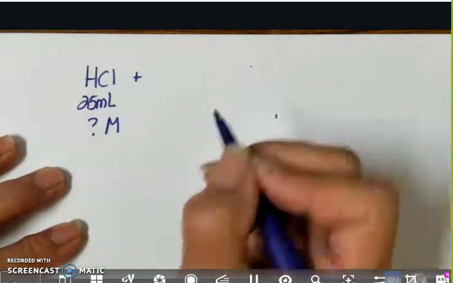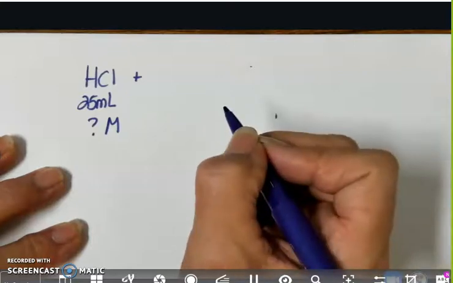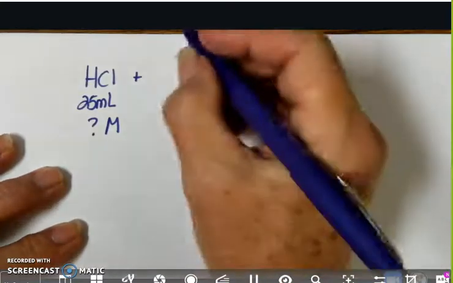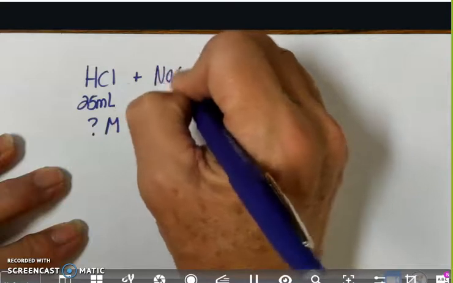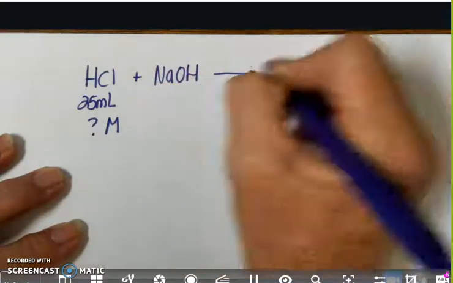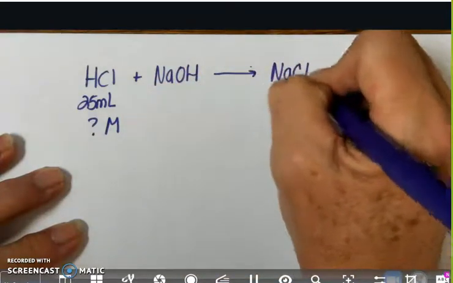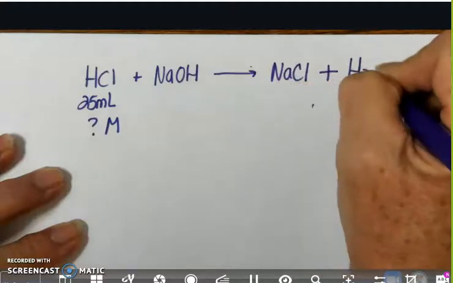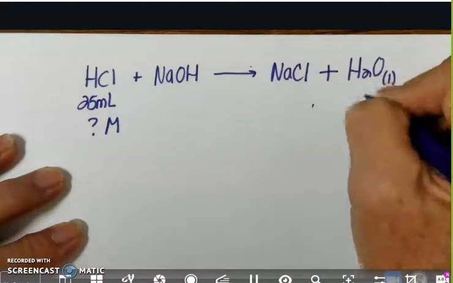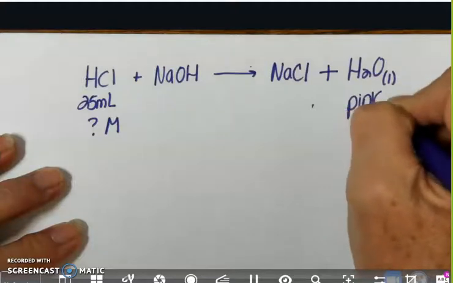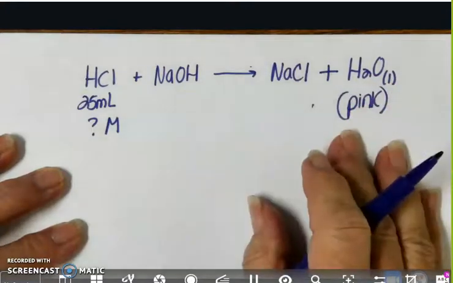It says, what is the concentration of the original? Remember, neutralization just means that I reacted these two things together, they went all the way to products, and it turned pink if I have an indicator.